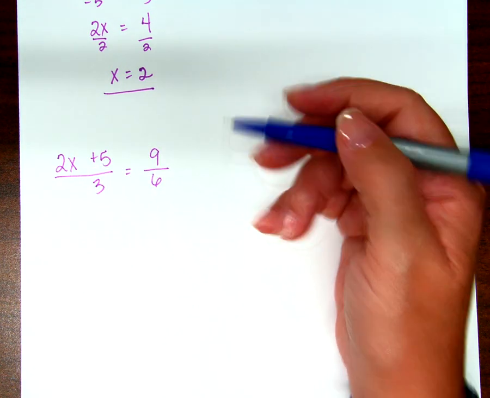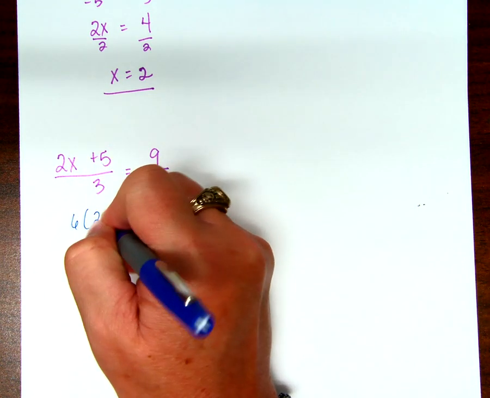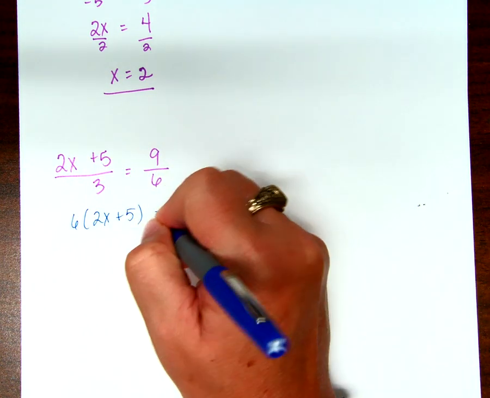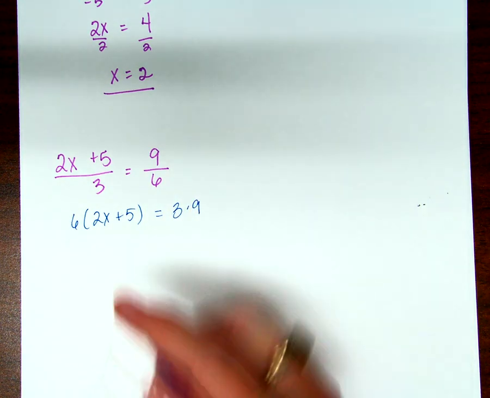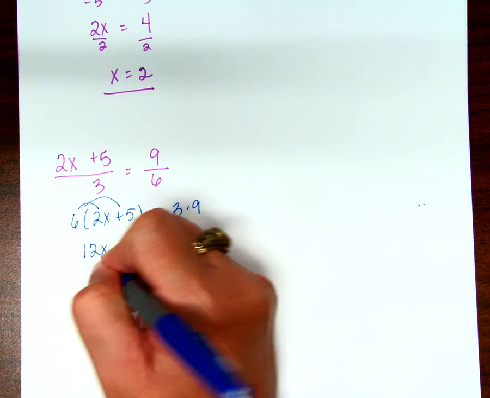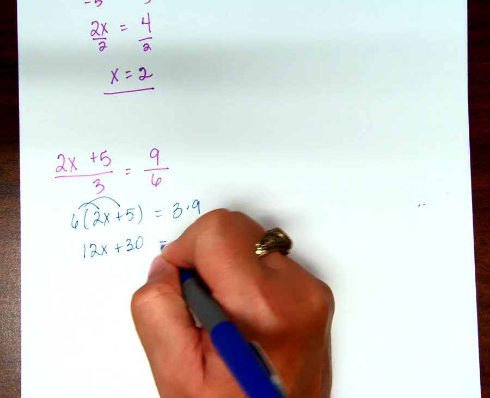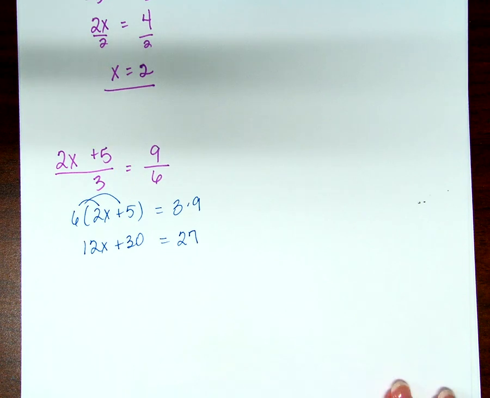Cross multiply? Okay, so if I cross multiply, I get 6 times 2x plus 5 equals 3 times 9. Distribute, distribute. 12x plus 30 equals 27. How is this any different from the first problem we just did? It's not.